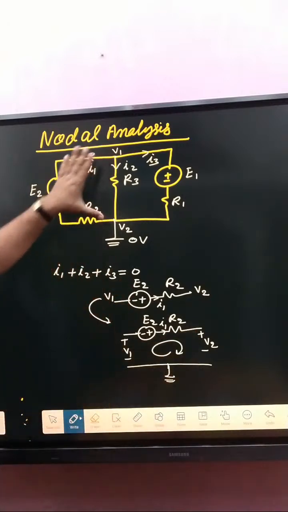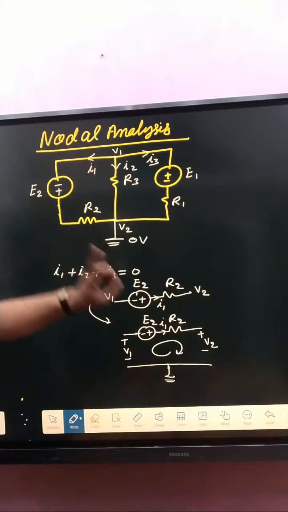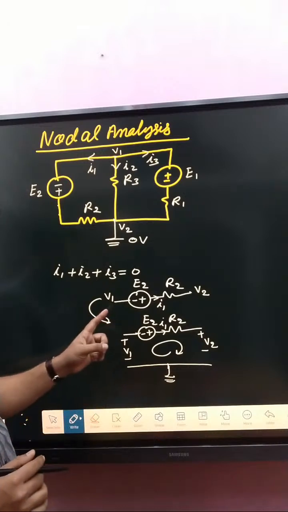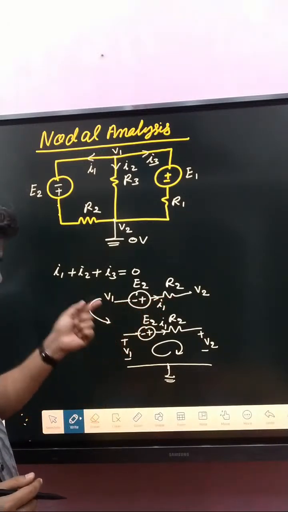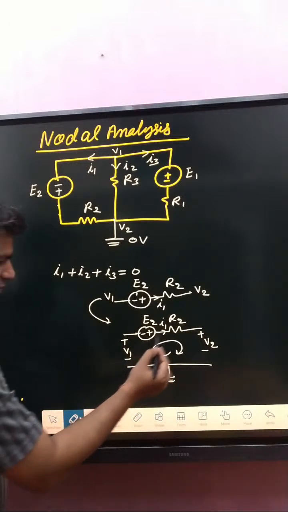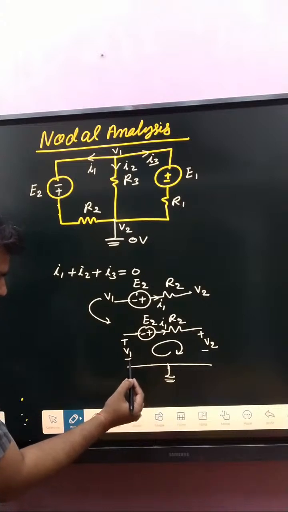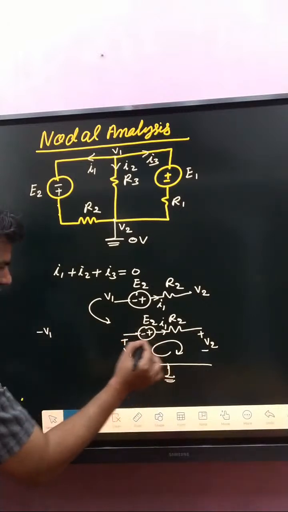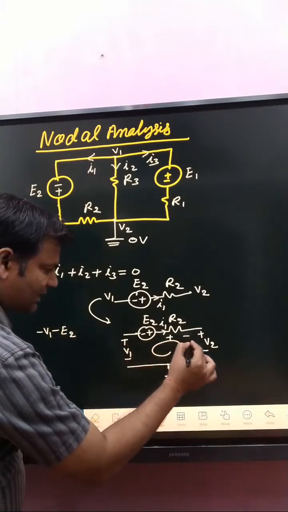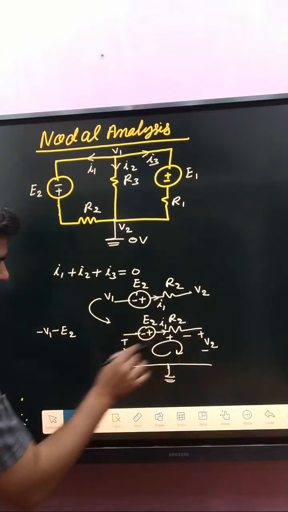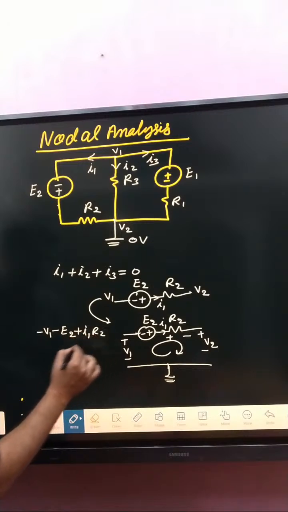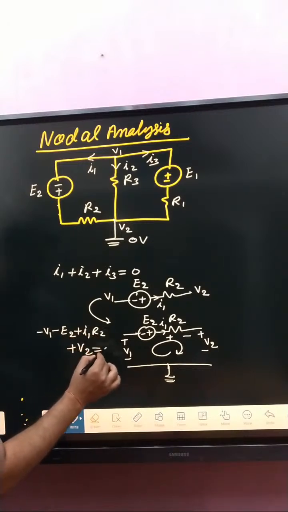So first of all, if the circuit is given like this, how can we write I1 now? Applying KVL in this loop: minus V1, plus E2, current enters positive and leaves negative, plus I1 into R2 plus V2 is equal to 0.